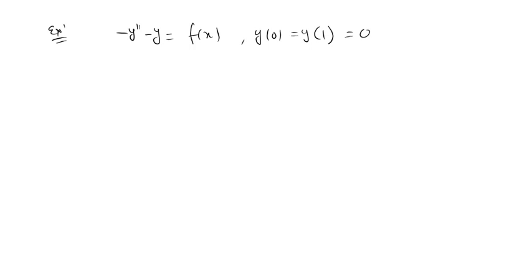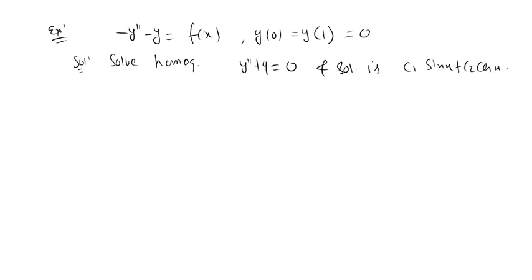So solve the homogeneous one, which is y double prime plus y equal to 0, and the solution is c1 sin x plus c2 cos x. So you have two functions, sine and cos, and we just need to check whether they satisfy these boundary conditions or not. And we know sine 0 will be 0, so sine is okay.